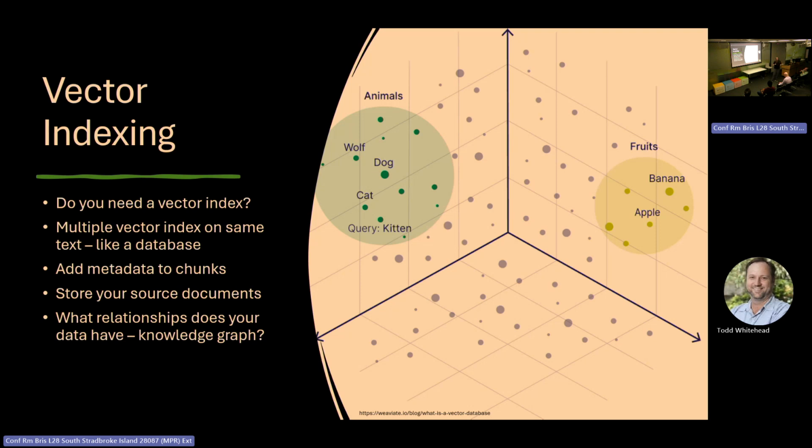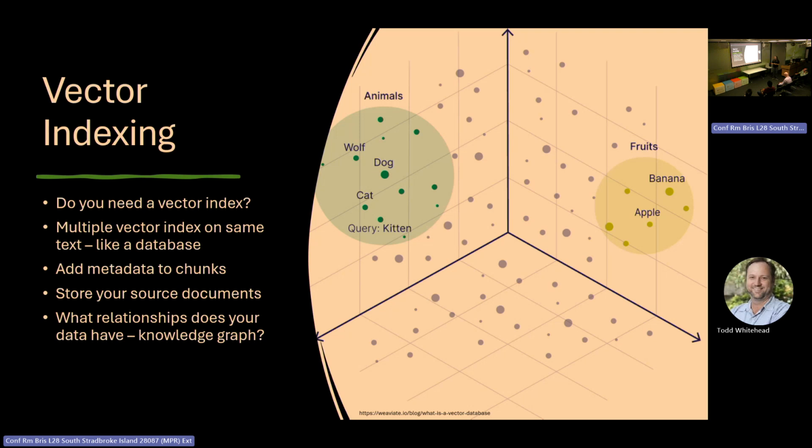Attach some of that metadata into your index and it'll increase the different ways that you can search and join information. I definitely recommend storing your source documents. I've seen a lot of people saying, hey, we parsed it, we put it in a vector index, I can delete all those PDFs now. No, because you want to keep them in case you ever have to do it again. And generally people might want to read the document and maybe print it. So you need the original.